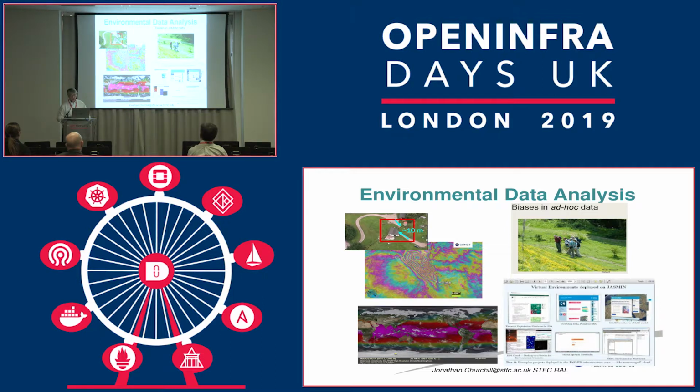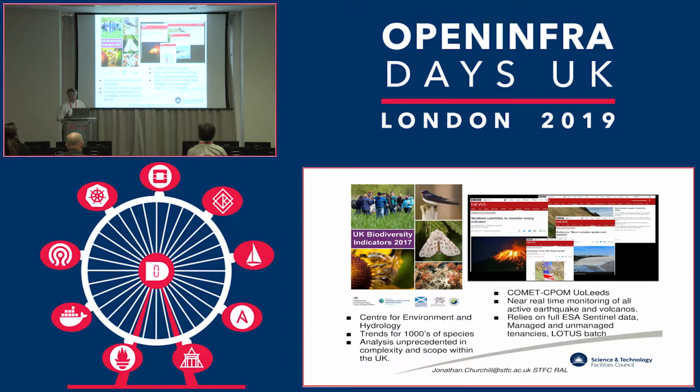And then there's a whole pile of virtual environments that sit on top of JASMIN, both to analyze data and to present that out to the outside world. We're currently running about 90 different projects, I think, and as I'll show in a second, about 1,900 different users. So, unsurprisingly, because this is environmental data, some of it's quite high profile. The citizen science project that I was talking about earlier turned itself into the UK Biodiversity Indicators report to government.